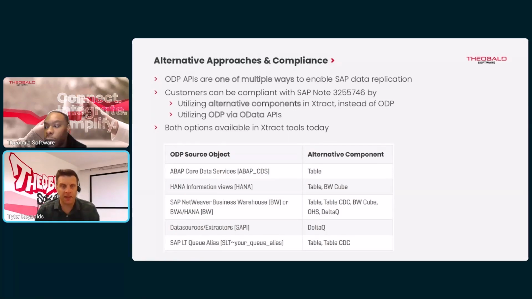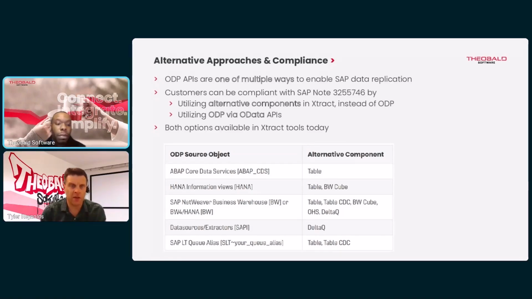Like Brian said, using RFC modules is generally going to be more performant than using OData. That's known. So if you are doing large data pulls, it might be to your advantage to utilize these over RFC rather than ODP over OData.